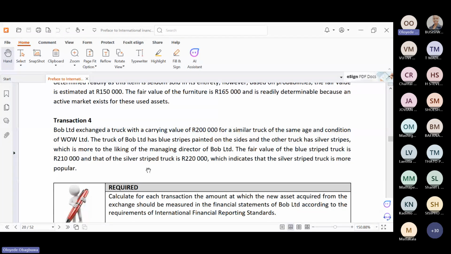The only difference in this truck, as explained in the question, is the stripe, blue stripe and silver stripes. In terms of age and condition, they are the same. What condition does this one satisfy in the standard, the one we read above? Can I say something here? Yes, go ahead.